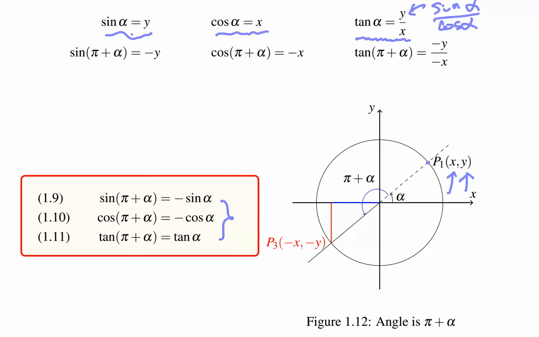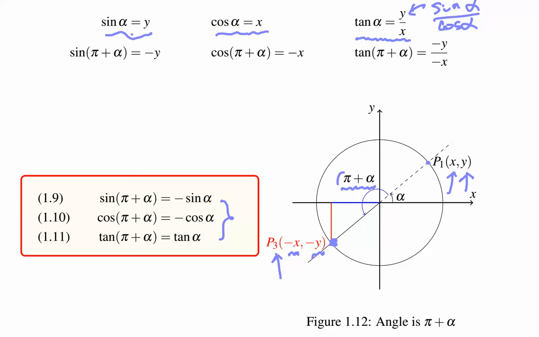If we add pi to alpha, then this point P will be in the third quadrant, right here. Correspondingly, the x-coordinate will be negative x, and the y-coordinate will be negative y for point P3.